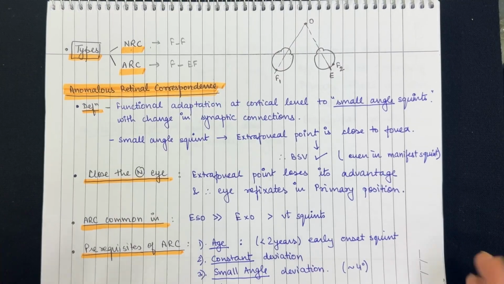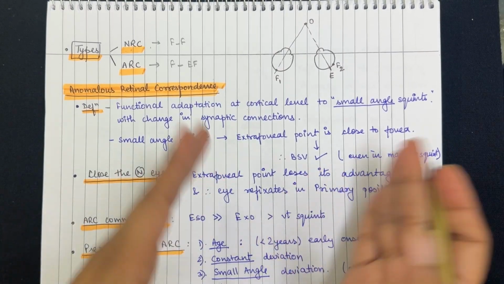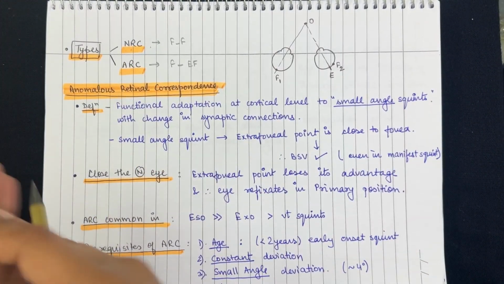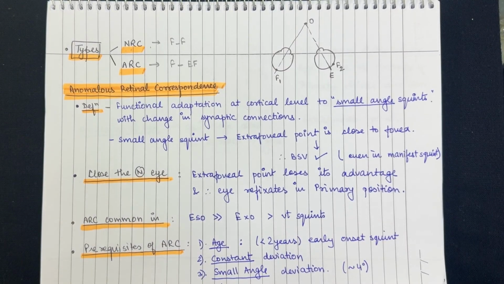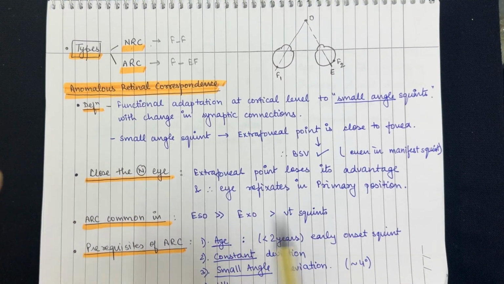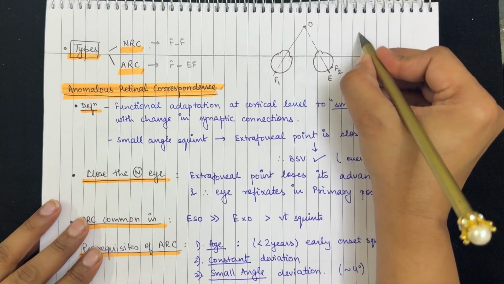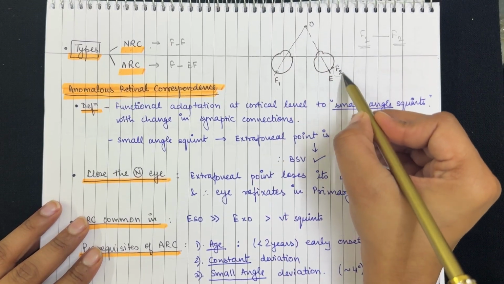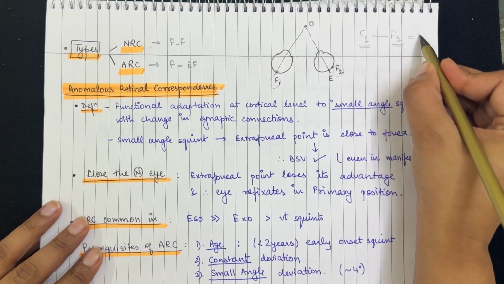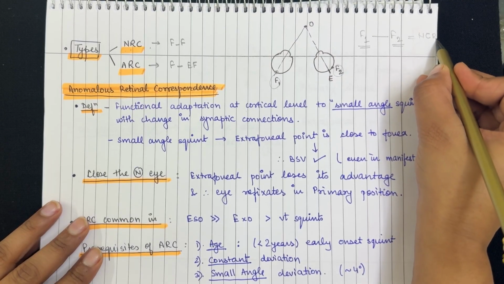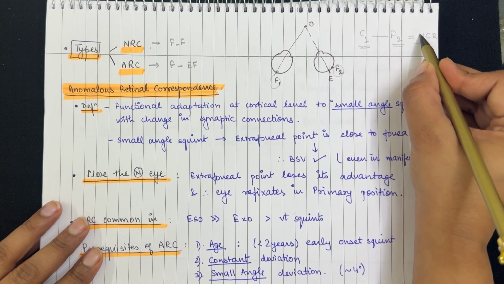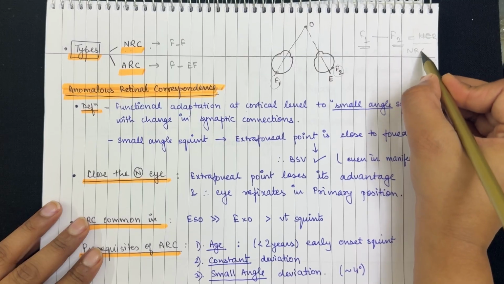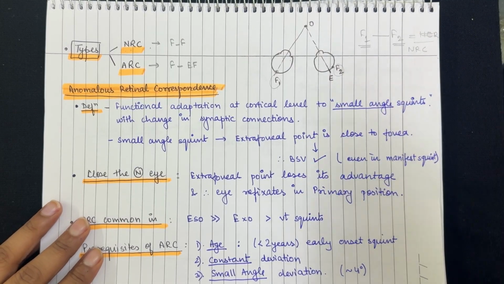Now let's see what is normal retinal correspondence and what is anomalous retinal correspondence. What we just studied was normal. One eye has the image on F1 and the other eye has the image on F2, its normal corresponding point. So this is normal retinal correspondence.